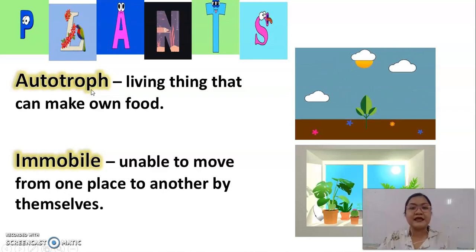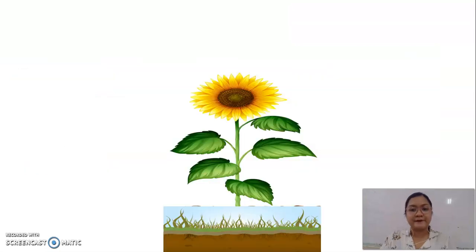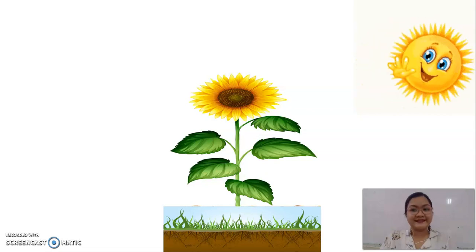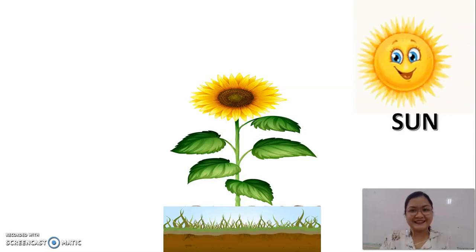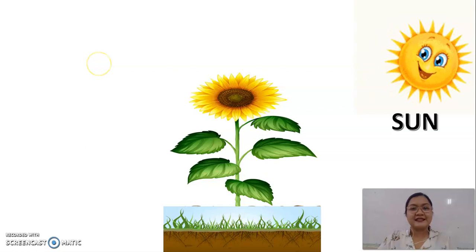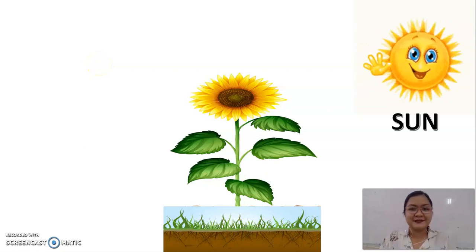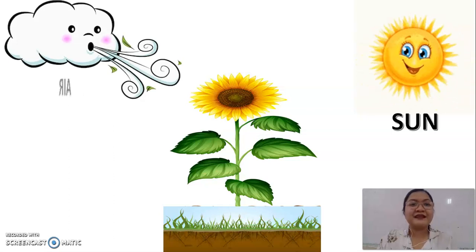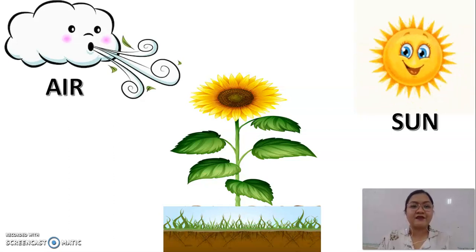When we say autotroph, these are the living things that need the following. Number 1, what do they need? Okay, very good. They need the sun. What else? Very good. They need air. What else?